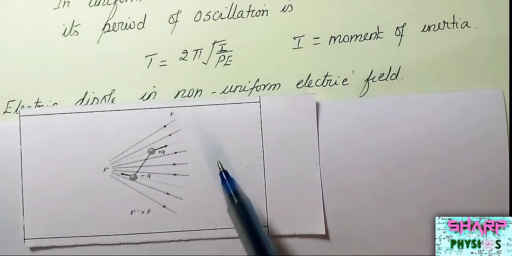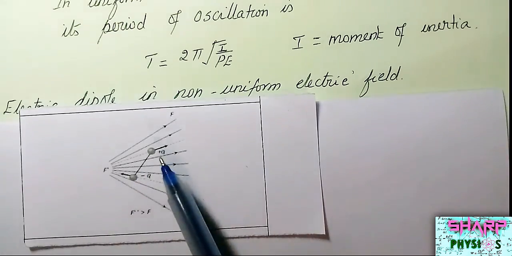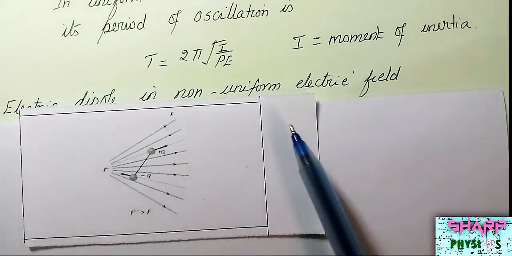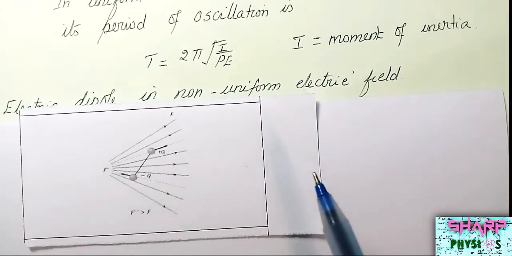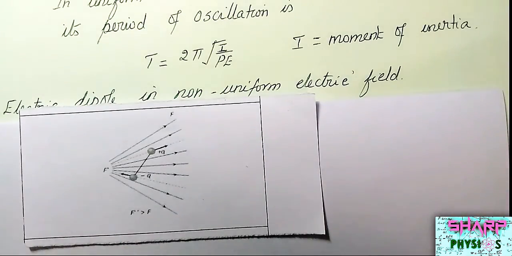So the net force is not equal to 0. When the net force is not equal to 0, the net torque is also not equal to 0. So both are not equal to 0.